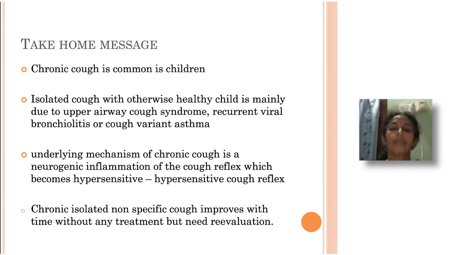The underlying mechanism of chronic cough is neurogenic inflammation of the cough reflex, which becomes a hypersensitive cough reflex. Chronic isolated non-specific cough improves with time without any treatment, but always needs re-evaluation to make sure the cough has improved or there are no pointers for a specific disease.